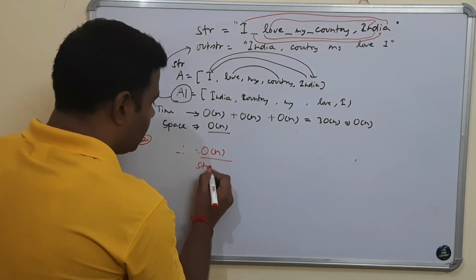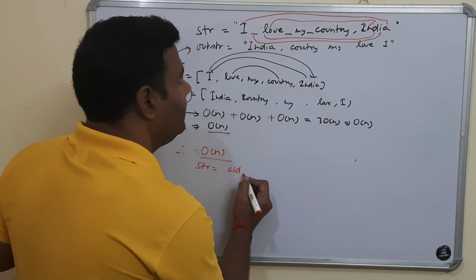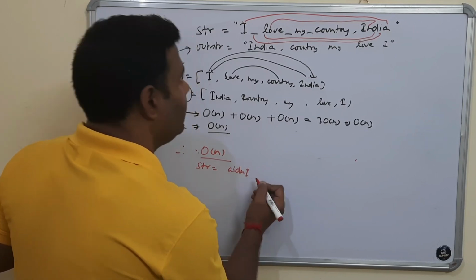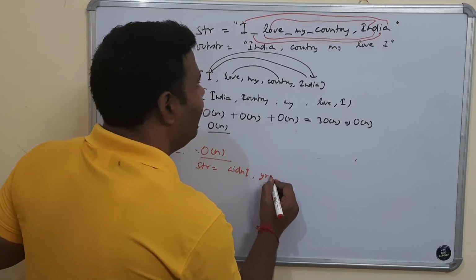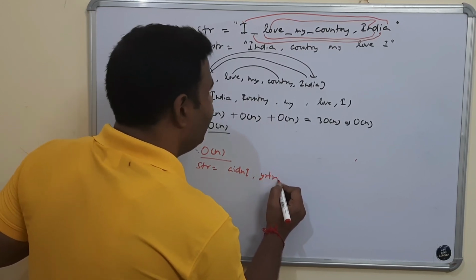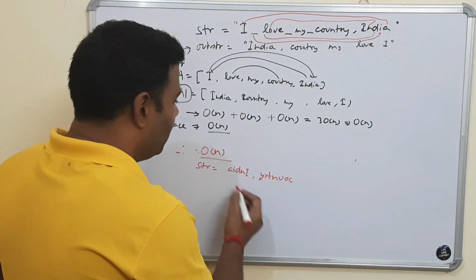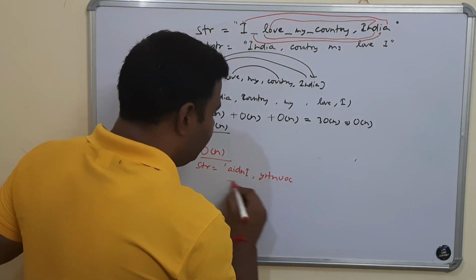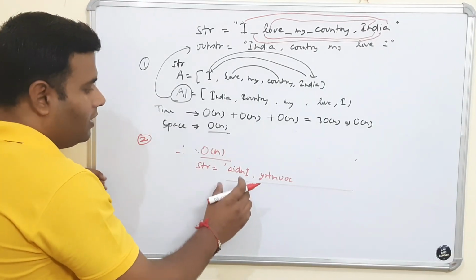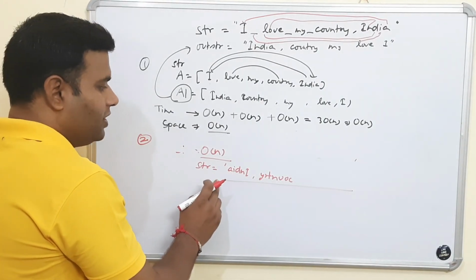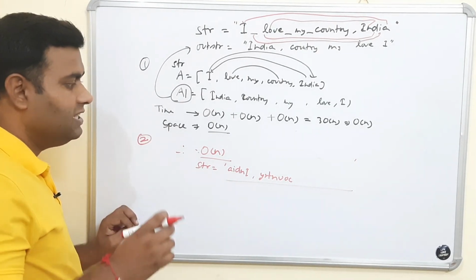So what will be the output? After that the output will be A I D N I, then comma, and then Y R T N U O C. Very difficult to write, but you got the idea. So basically everything will be reversed. Now you take this string and again swap based on space.